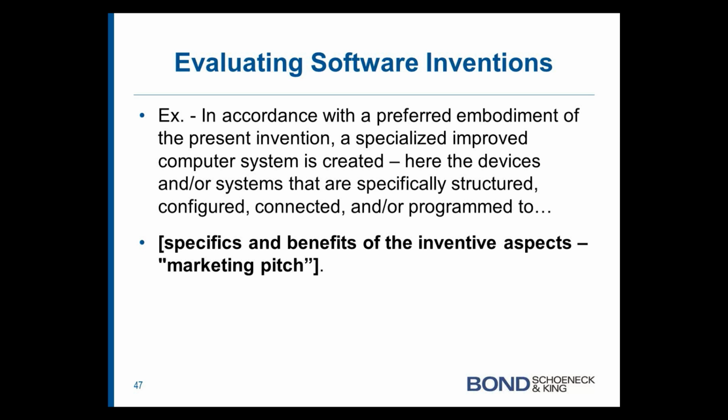It's almost in a way a marketing pitch. You're essentially telling the examiner all the reasons why your software is improving the functioning of the computer, and when the computer is running that software, it's not a generic computer any longer, it's a specialized computer. And because of that, arguably there's something more than just the abstract idea to your invention.